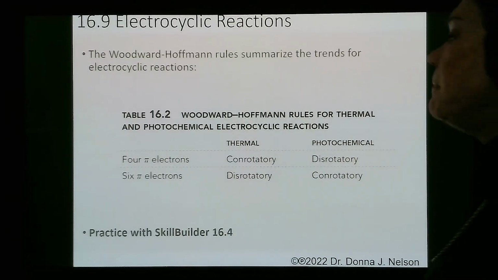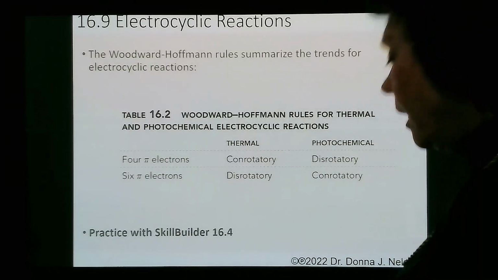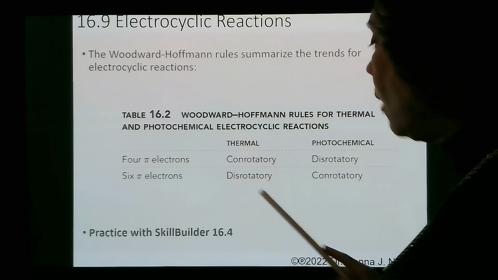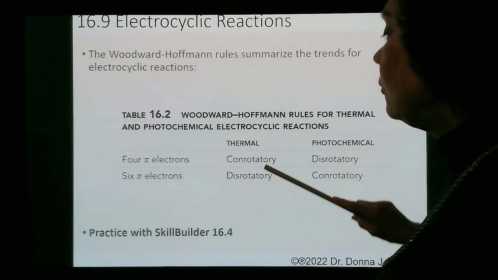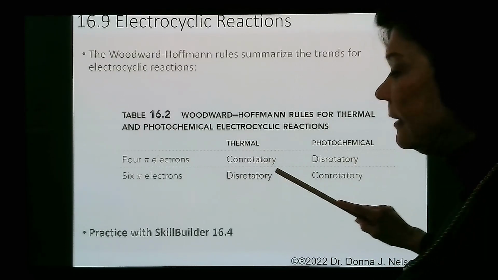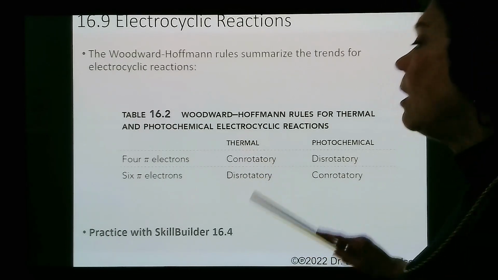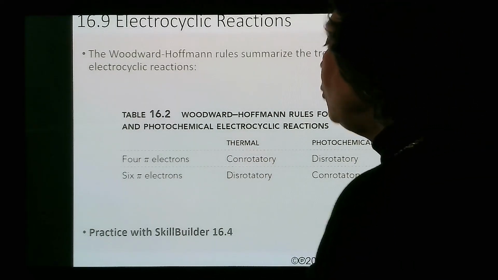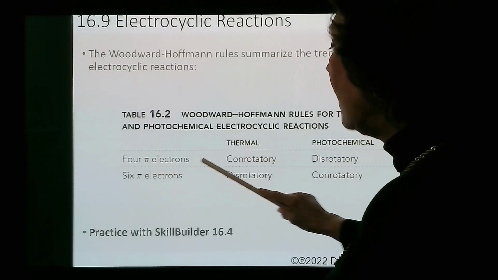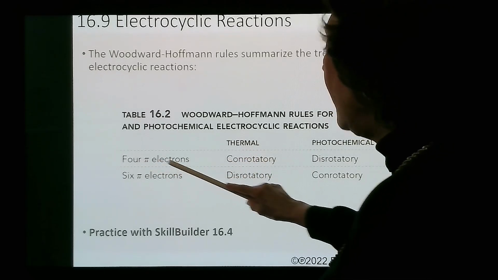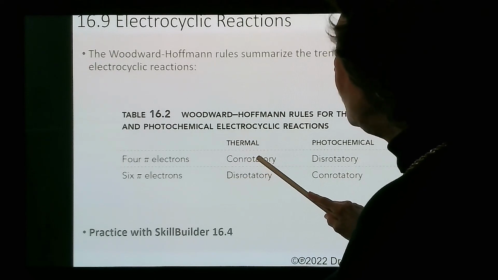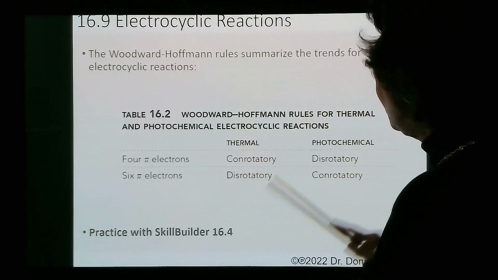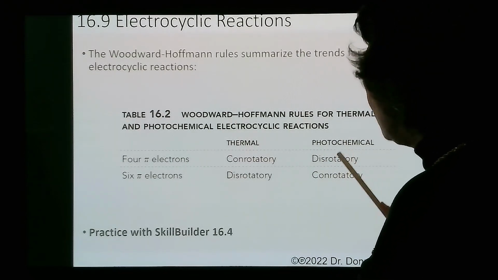I don't know that memorizing this table would help you any, but you might look over this table and use it as a checklist a couple of times, going through your reactions so that you can convince yourself that when you have the cyclization using a 4 pi electron system under thermal conditions, you have a conrotatory reaction, and then it's reversed if you go photochemical.